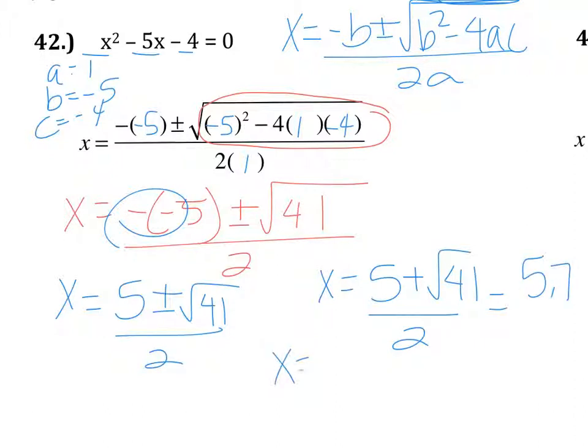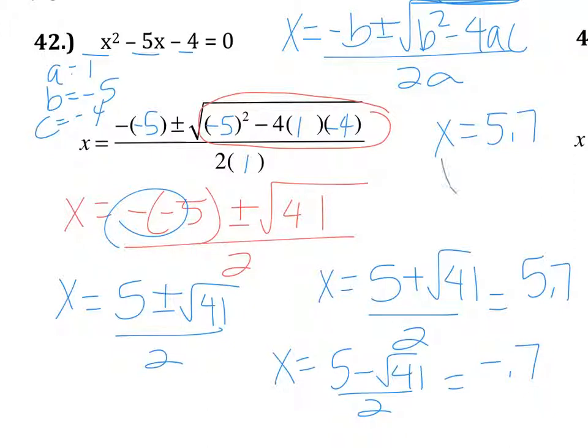And then you do x equals 5 minus the square root of 41, the whole thing divided by 2, to get something around -0.7. So we are finding the x-intercepts, but in this case they are now decimals. They are not nice whole numbers. So we would say that x is equal to 5.7 and x is equal to -0.7. So we are finding the x's through the quadratic formula.